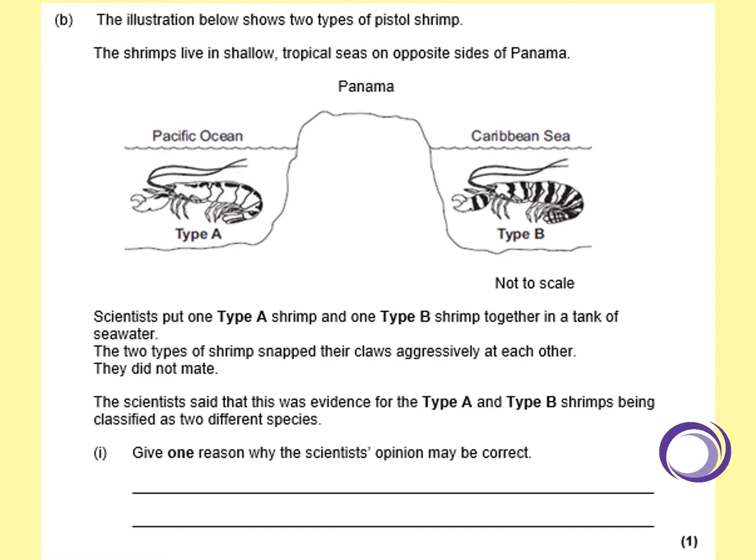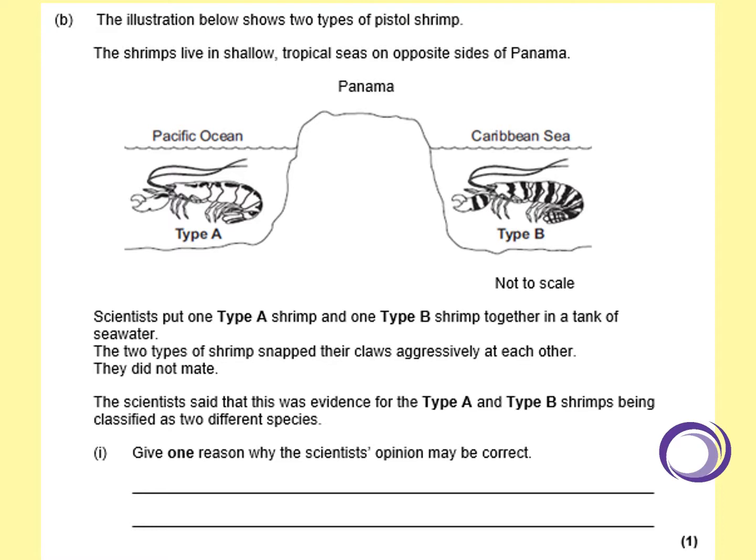Okay, time's up. So just to read through it, the illustration below shows two types of pistol shrimp. It doesn't matter if you know nothing about pistol shrimps, they're just trying to catch you out. The shrimps live in shallow tropical seas on opposite sides of Panama. So you've got type A on the left in the Pacific Ocean and type B on the right in the Caribbean Sea.